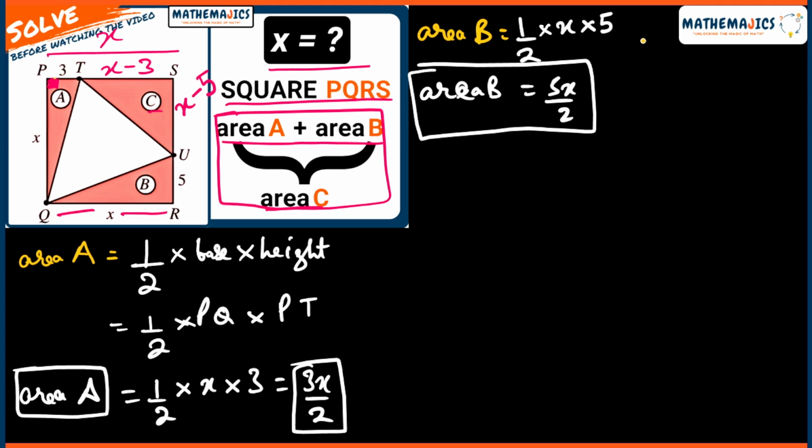Similarly, we will find the area of C, which is half times base times height. This is half times x minus 3 times x minus 5.